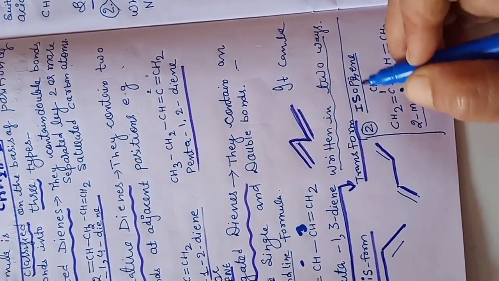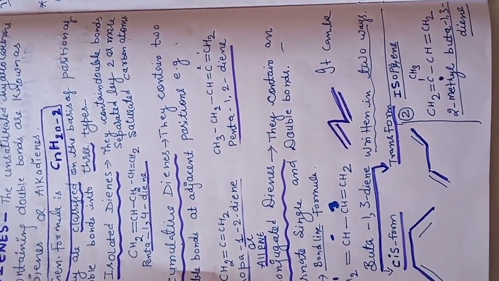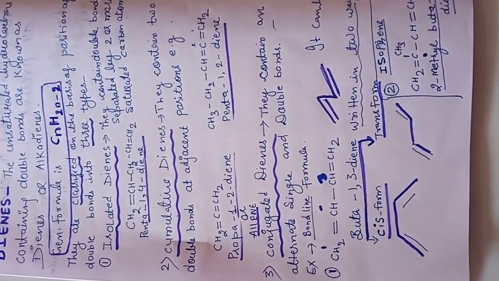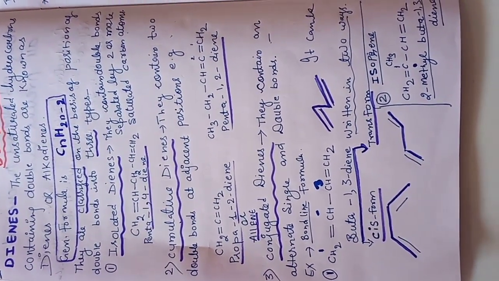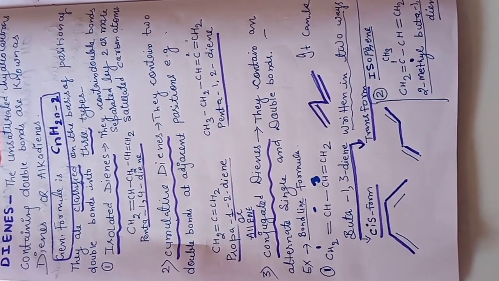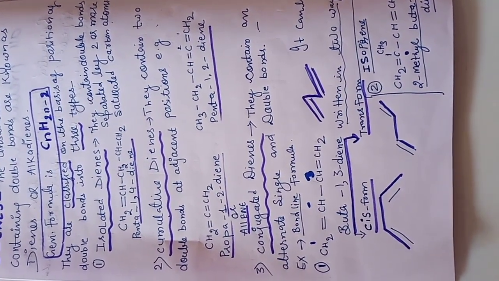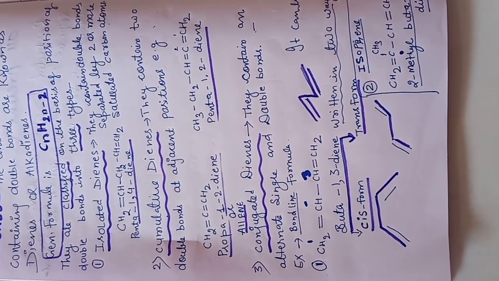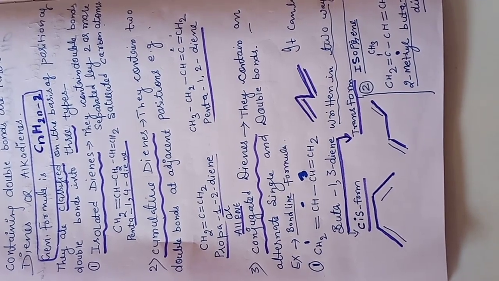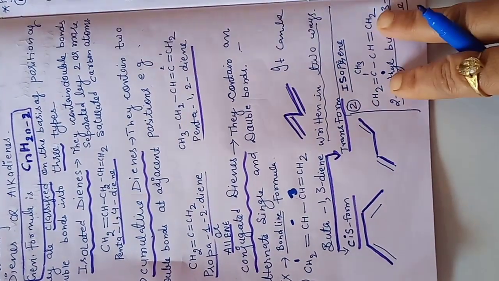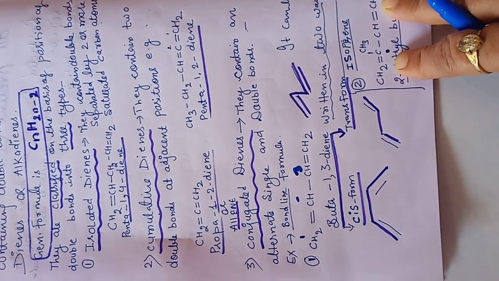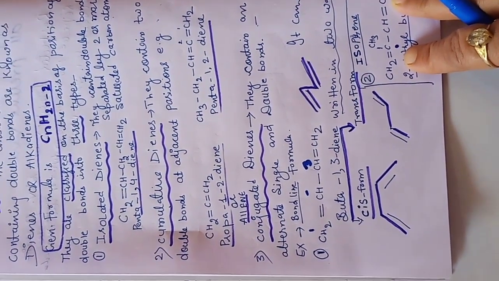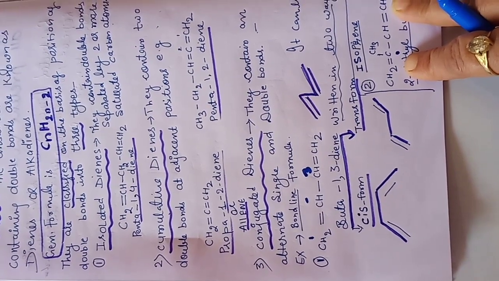The name is isoprene. Okay, now we have seen the classification of dienes. Basically they are classified into three categories: isolated dienes, cumulative dienes and conjugated dienes. The example for isolated dienes is penta-1,4-diene, for cumulative dienes we have taken allene, and for conjugated dienes it is 1,3-butadiene.